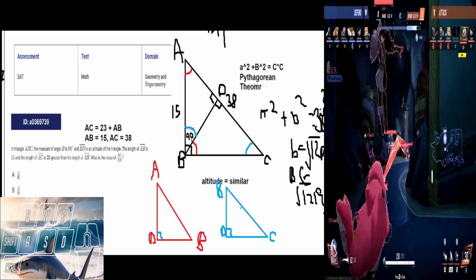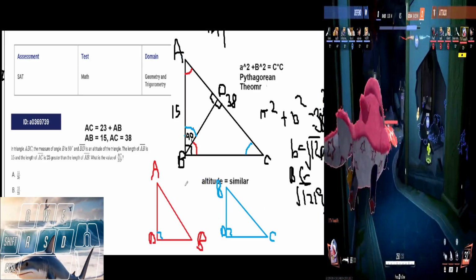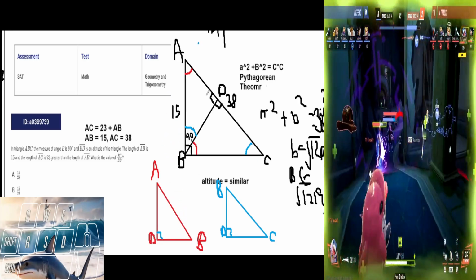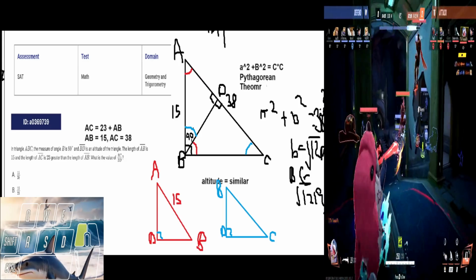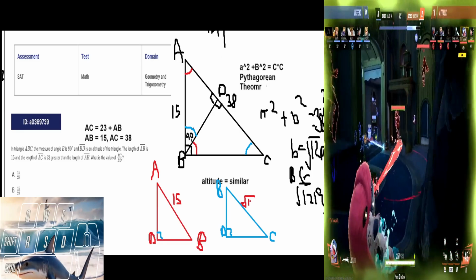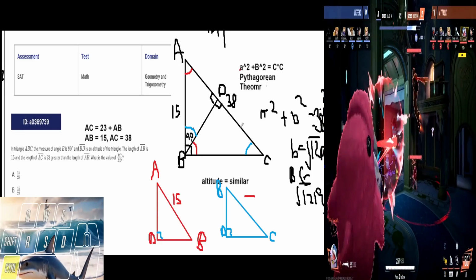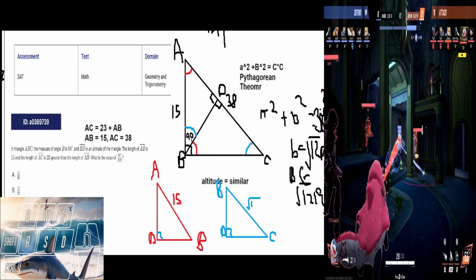Okay, now that we have these similar triangles, we know that AB is 15. We can fill that in right here. And we know that BC is the square root of 1,219. Let me change to a different color real quick. BC is the square root of 1,219.